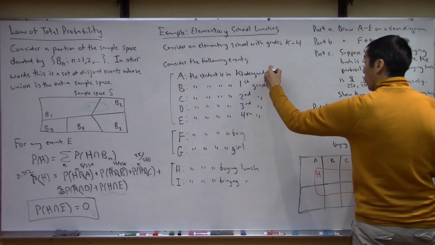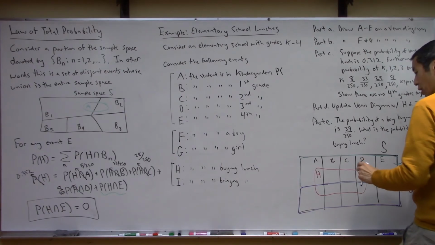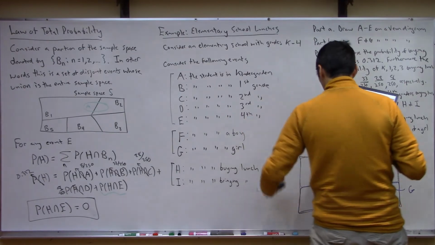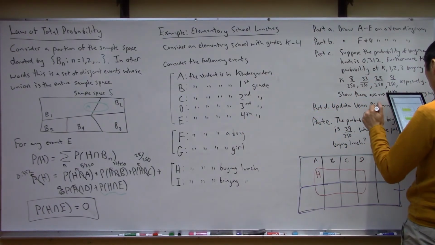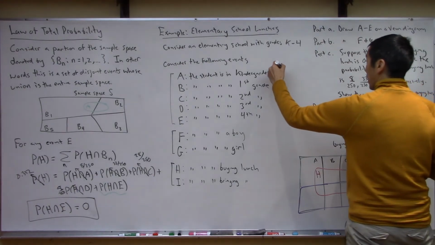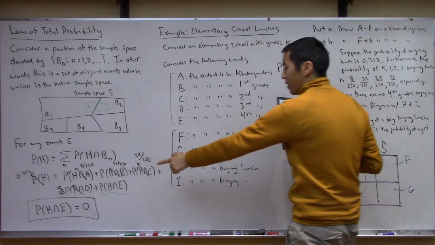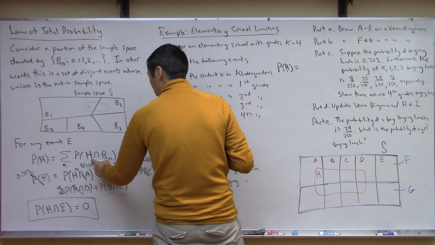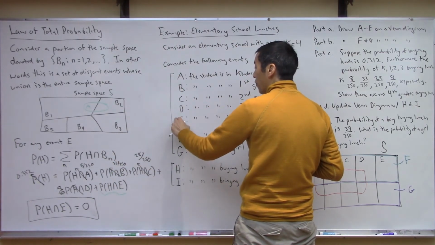So we're looking for the probability of a girl buying lunch, right? Let's write it this way. Let's start by asking, what's the probability of buying lunch? We did that over here by breaking it up and looking at the intersection over the partition of the grade levels.